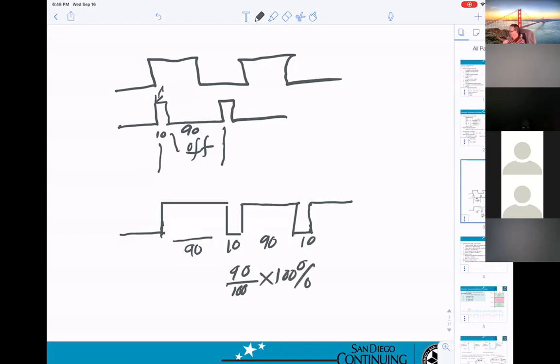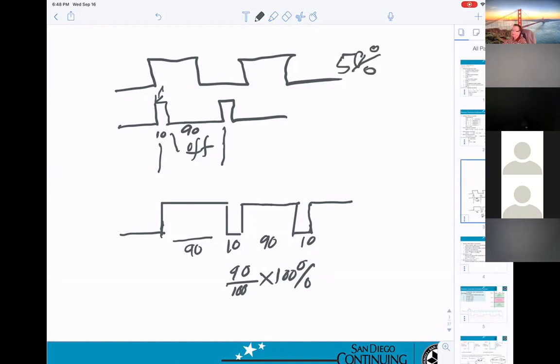Hey, Mr. Pham, I have a question. What could be the advantage of having a duty cycle of, for instance, 10% in comparison to the classic 50% that you mentioned a few minutes ago? What is the advantage of a short duty cycle, let's say 10% versus 50%?